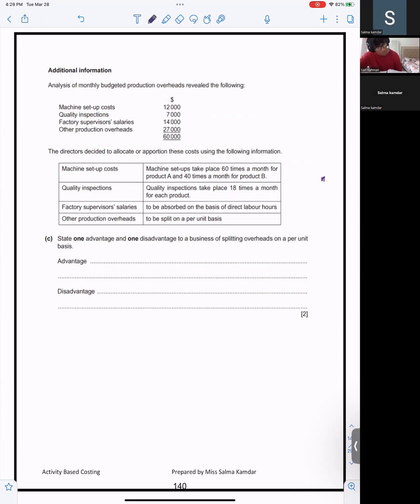What is the question? State one advantage and one disadvantage of splitting overheads on a per unit basis. What is the advantage of splitting overheads per unit basis? More accurate? Is per unit basis accurate or ABC? Never mind. Per unit basis saves time. It is quick and easy to calculate.